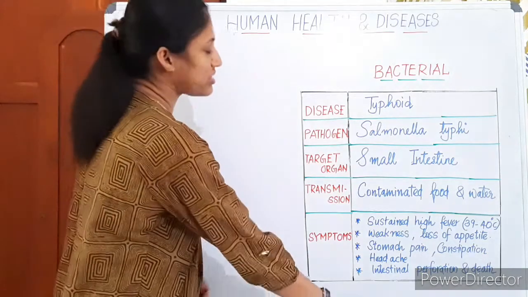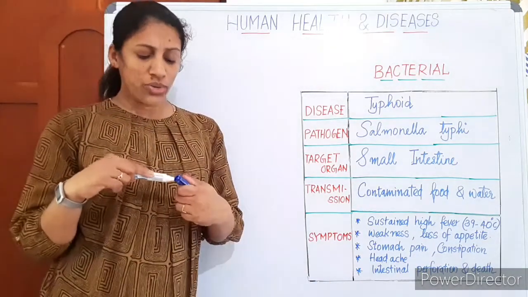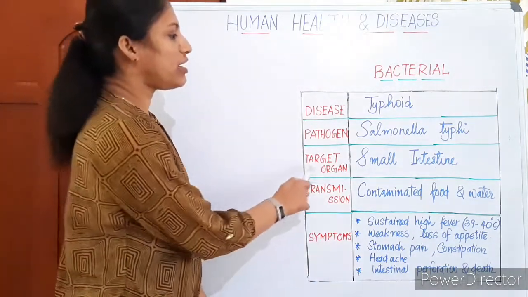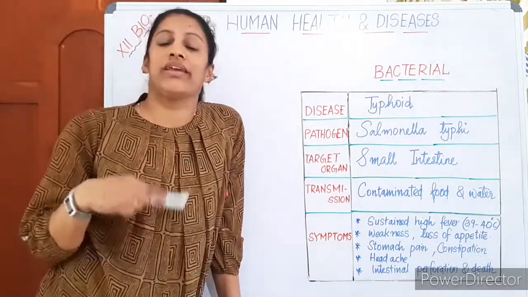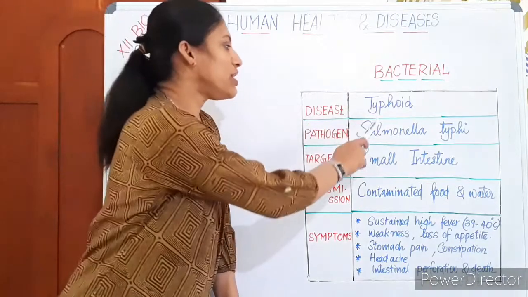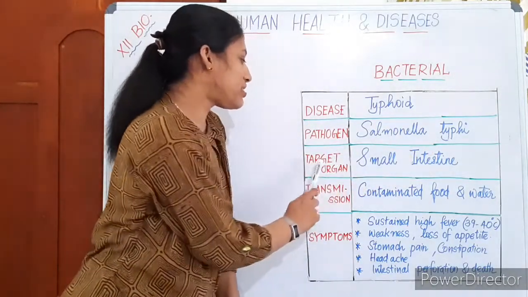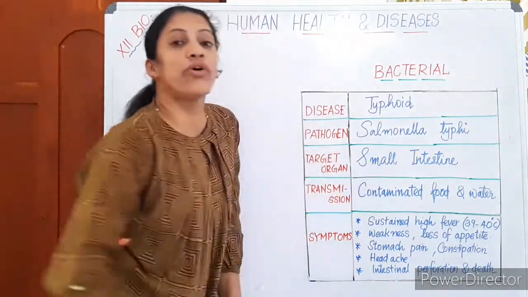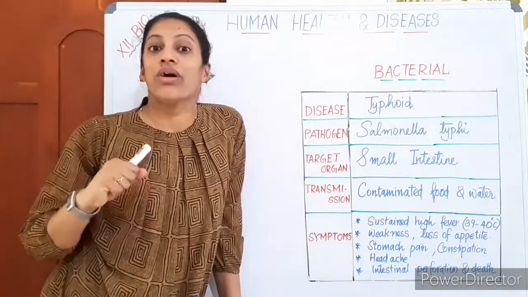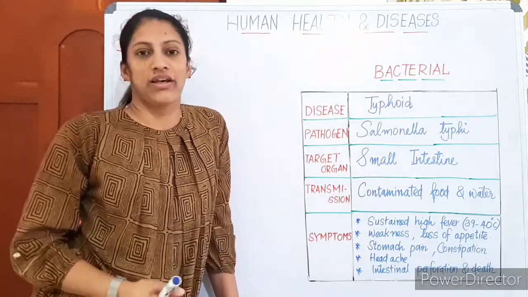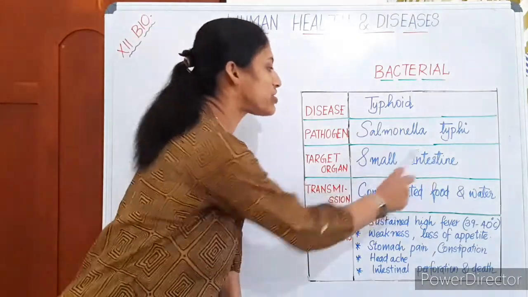Then next, how does this pathogen enter our body and which organ of our body is infected by the pathogen? Salmonella typhi has the target organ small intestine. That means it attacks our small intestinal cells. I mean it inhabits the small intestine.